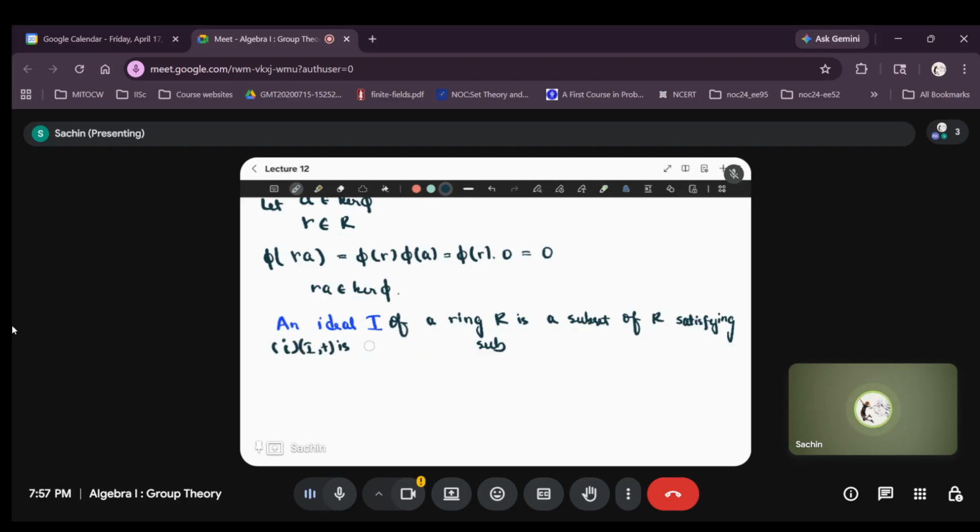I can write I plus is a subgroup of R plus. Second property is, if a is in I and r is any ring element, then ra is in I. So a kernel is an ideal. That is one example of an ideal. So is it clear what an ideal is?